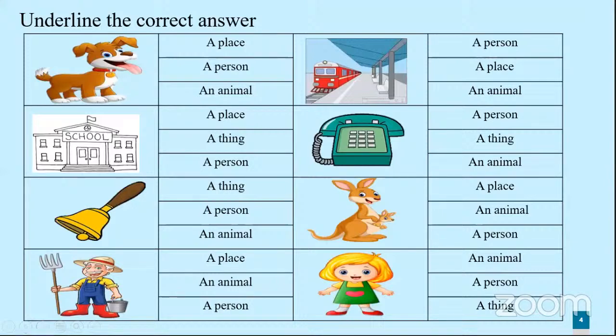You know that a dog is an animal, so the first answer is an animal. In the second picture, you can see a school. So it's a place, not a thing or a person. The second answer is a place.